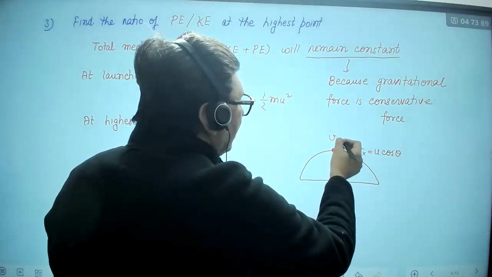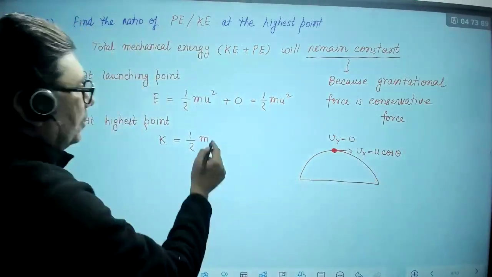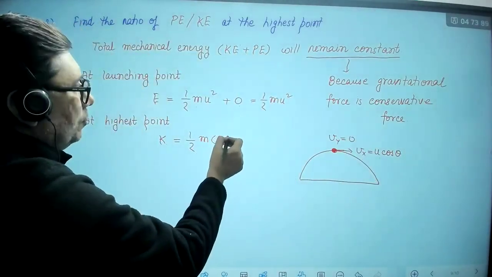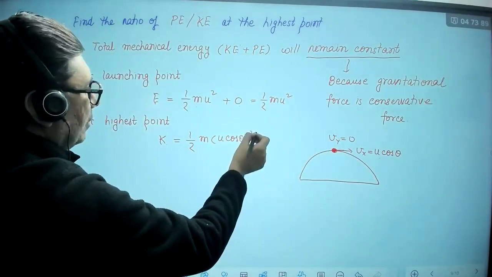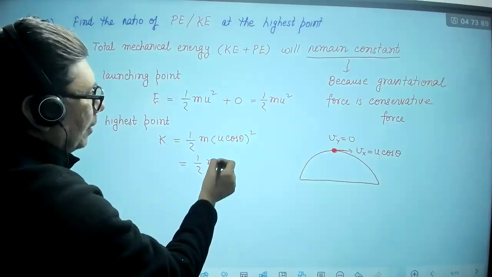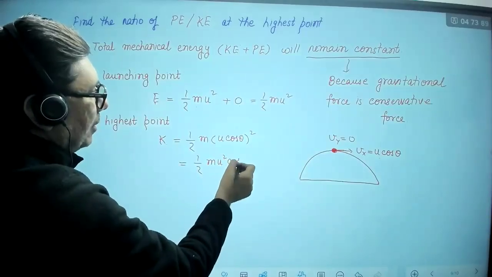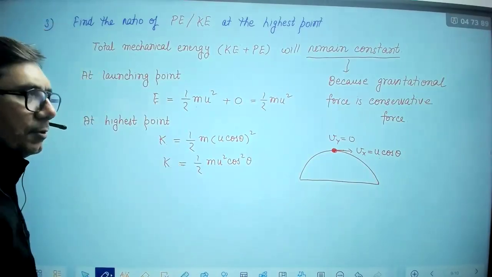The vy is 0 here. So kinetic energy will be due to this component: 1 by 2 m u square cos square theta. This is the kinetic energy at the highest point.